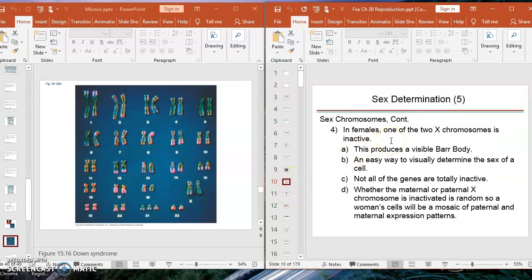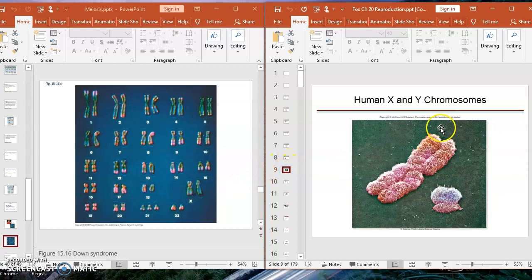Okay. In females, one of the two X chromosomes is inactive. Okay, let's look at this. Now, let's go to this picture. Let's say that's two X's. Now, the X chromosome, which is considerably larger, has a bunch of genes on it that are important for things in life, like development of some of the clotting factors and so forth.